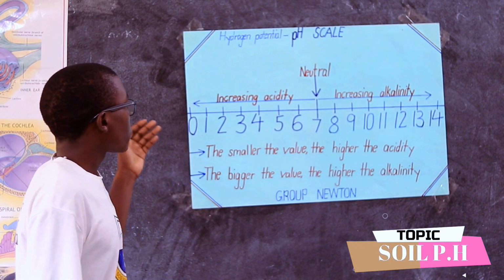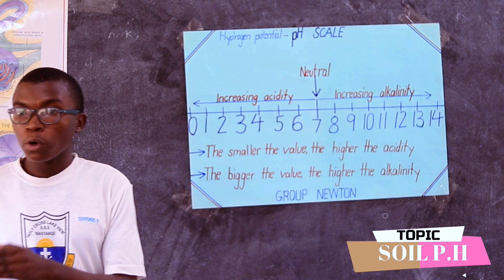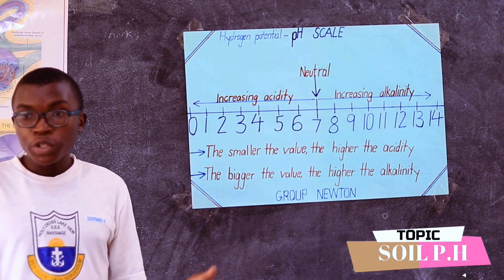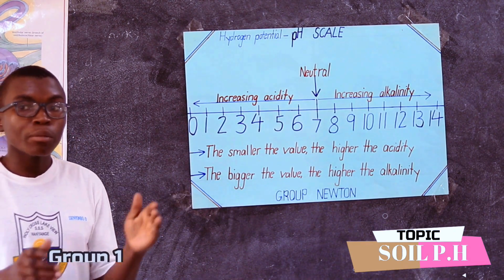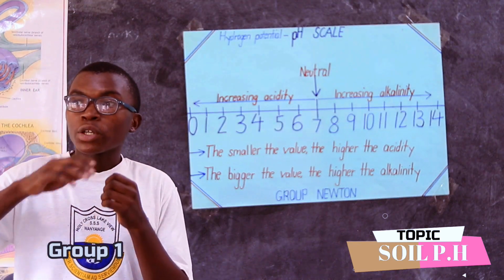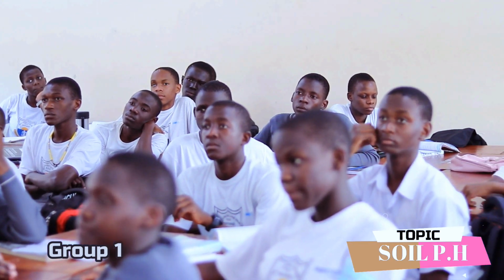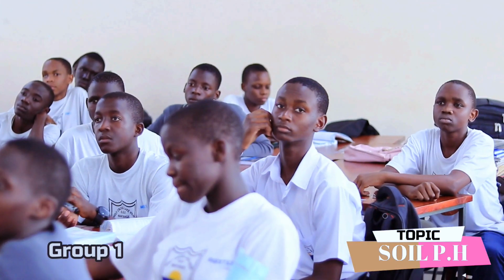Acidity mainly hinges on the concentration of hydrogen ions, which means the acidity of the soil is determined by the concentration of hydrogen ions. The greater the concentration of hydrogen ions, the more acidic the substance becomes.